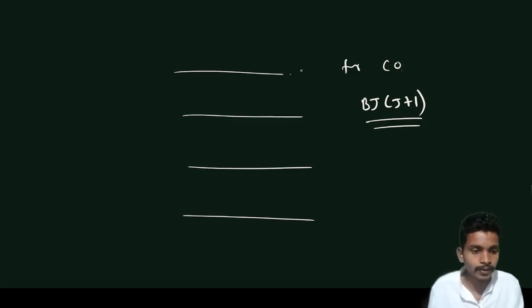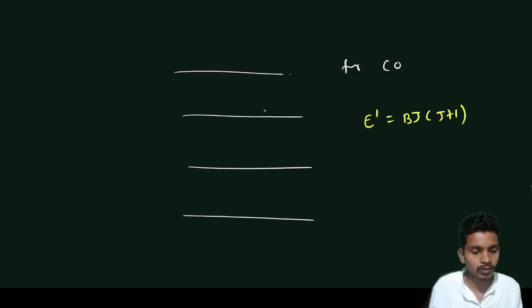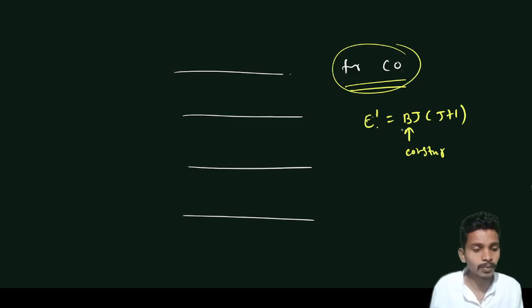If you observe here, this B is constant, so E depends only on J. If J changes, then E changes, because B is already fixed for CO. If you talk about other molecules, then B will change, but for CO or the whole experiment, B is fixed.